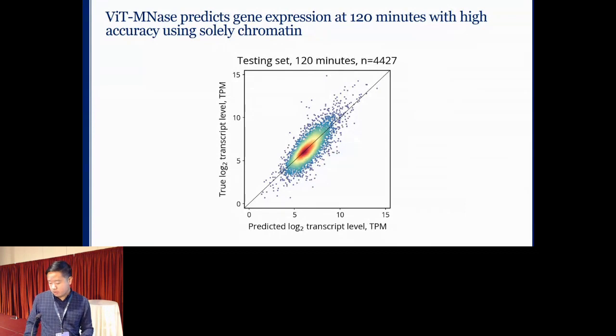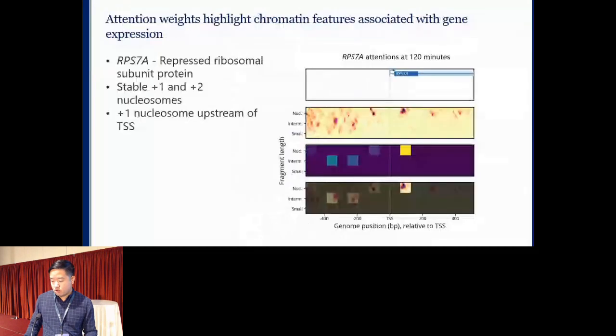But more importantly, we want to know that this model is fit correctly, and that we can examine the attentions and try to understand why it's predicting as well as it is. So in one example, we have RPS7A, which is a ribosomal subunit protein. It is repressed as translational activities are repressed under this stress condition, as it's not as important as dealing with the cadmium.